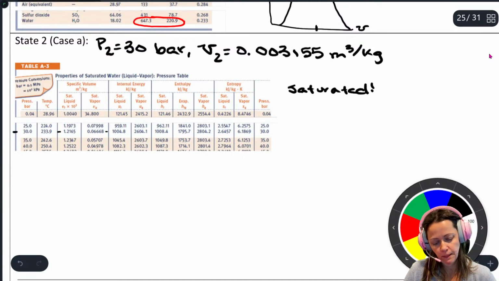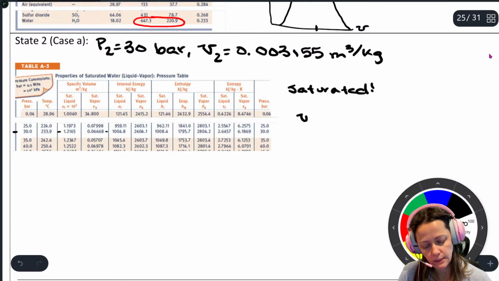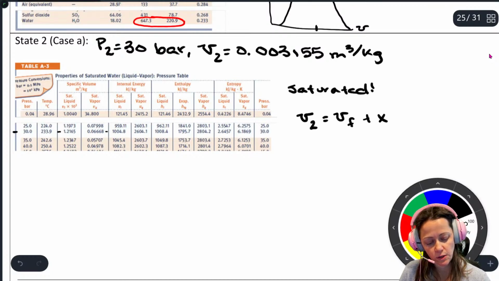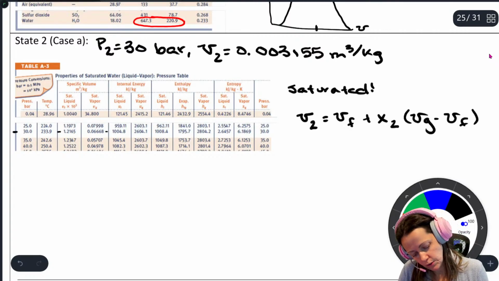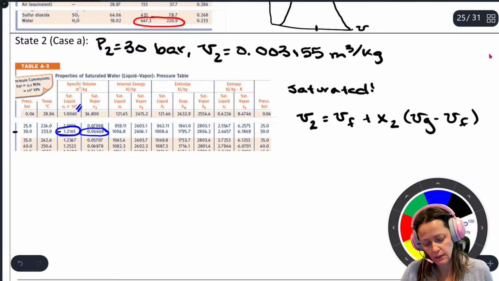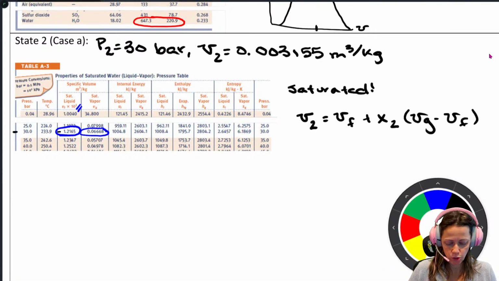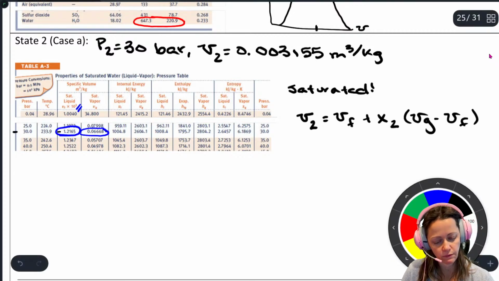Okay. So that means that V2 follows this little formula, V sub F plus our quality times V sub G minus V sub F. And you're using this value and this value. Just make sure that you multiply, or it's not 1.2 and change, it's 0.0012 and change for that V sub F value.